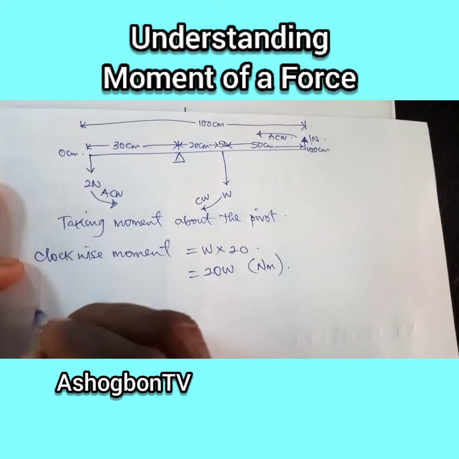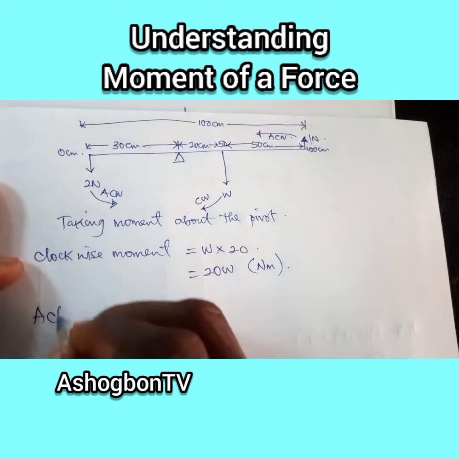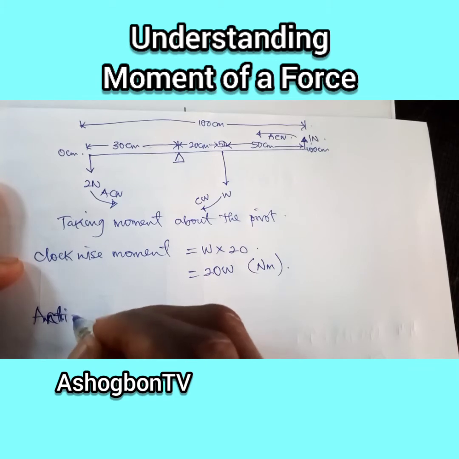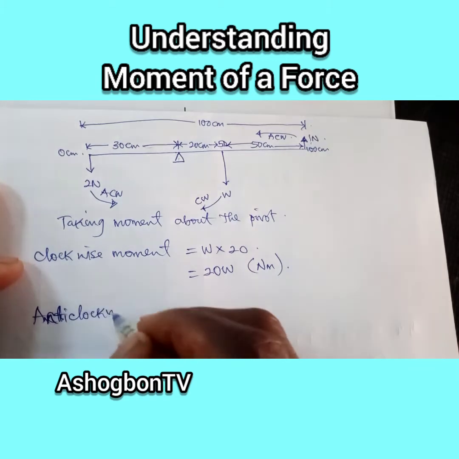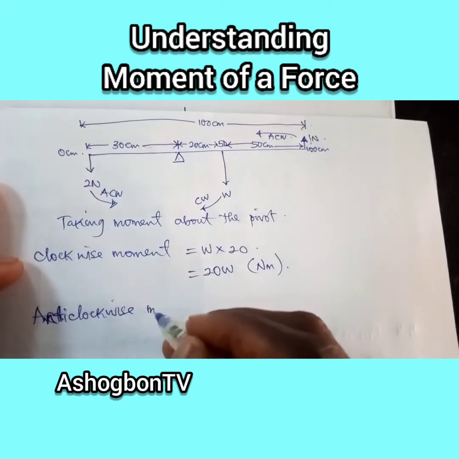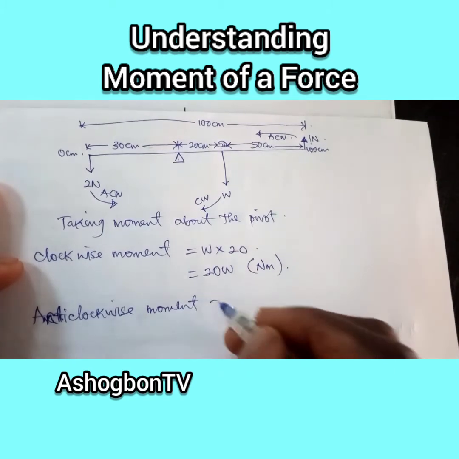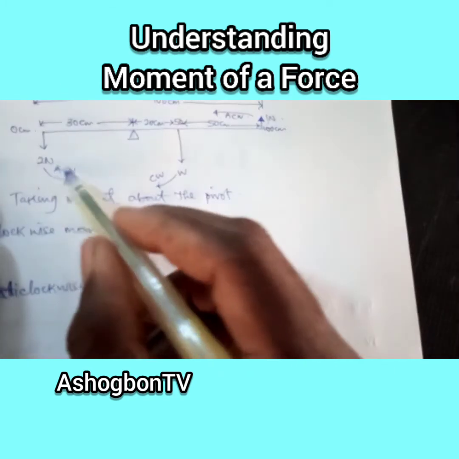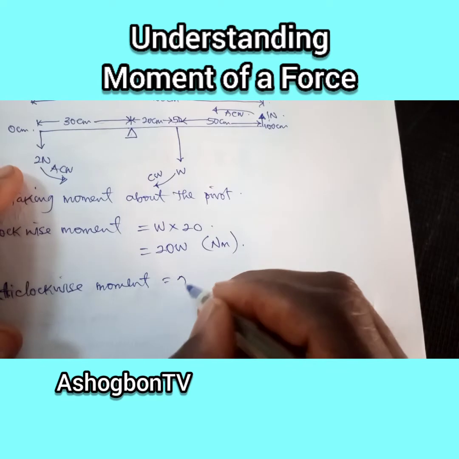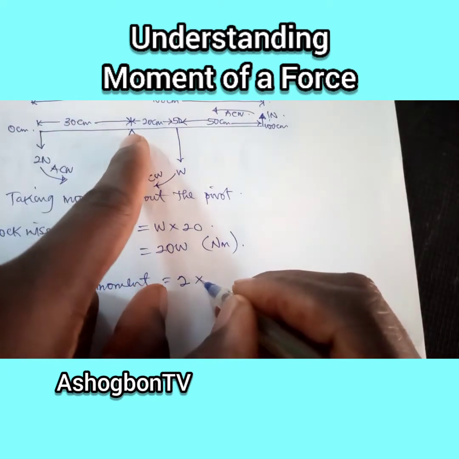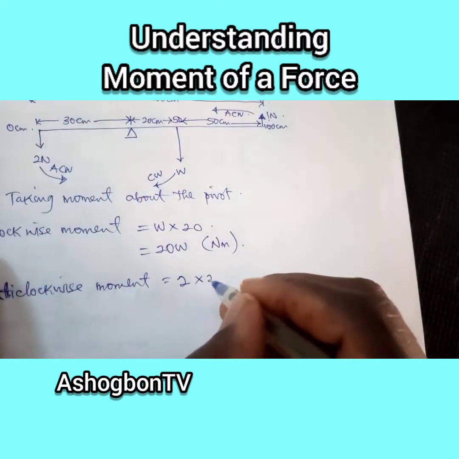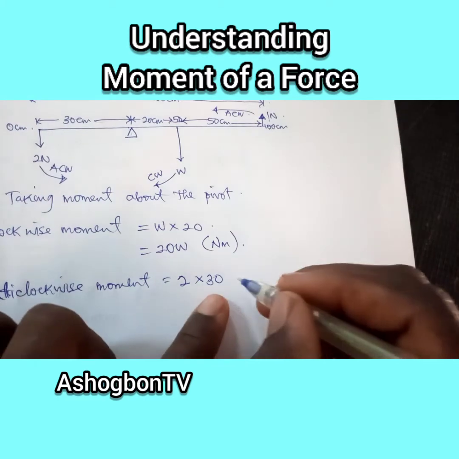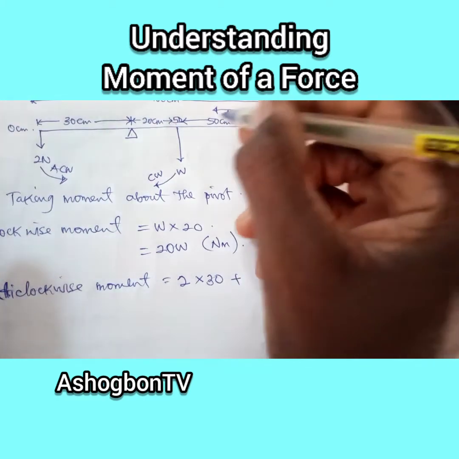So now let's go ahead and calculate the anti-clockwise moment. So what will that be? That is going to be 2 times the distance from the pivot, which is 30. Then we have another anti-clockwise, so we keep adding.